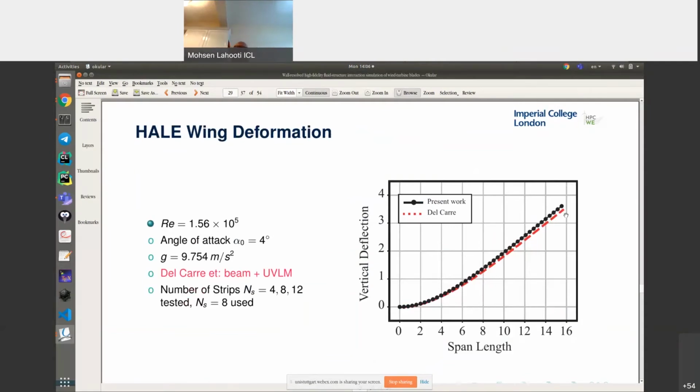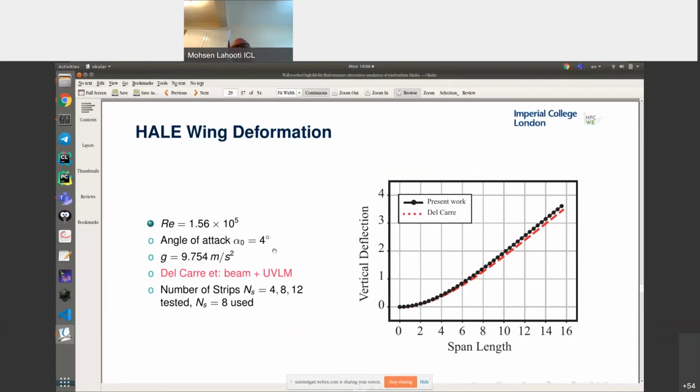So first, we compared the deformation of the wing at a very low angle of attack, 4 degrees, with another published result that used the beam solver and the unsteady vortex lattice method (UVLM) to estimate the aerodynamic forces.